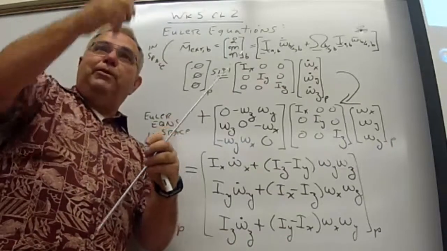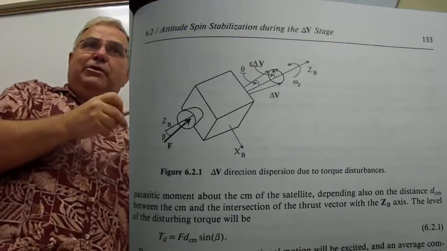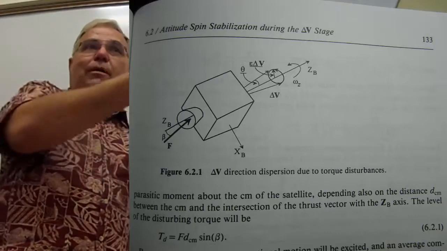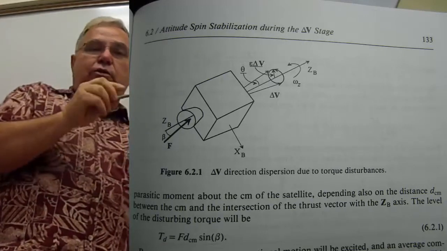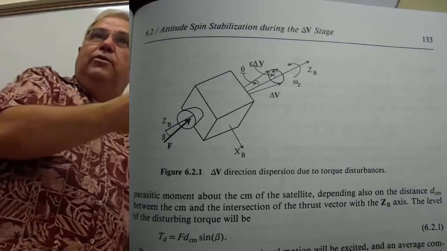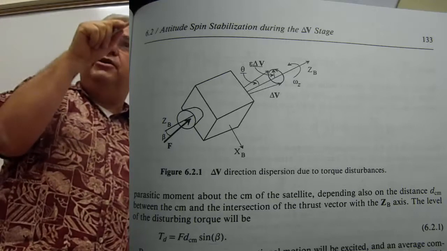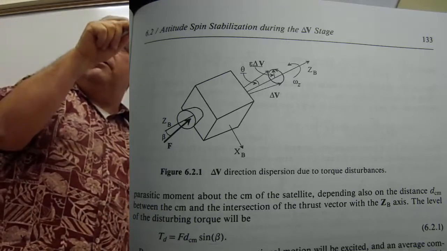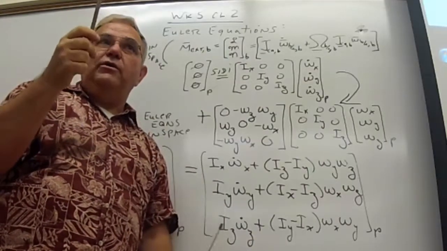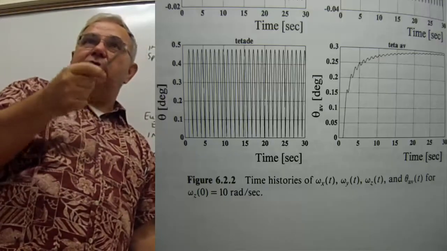Because if you shoot her up there by applying thrust and you don't get the thrust right in the center of mass, you're going to tumble the spaceship. So you will spin the spaceship, then you will apply thrust, and that spinning motion will give you a nutation, right? Which will be relatively stable, as long as you're spinning about the major axis of the satellite.